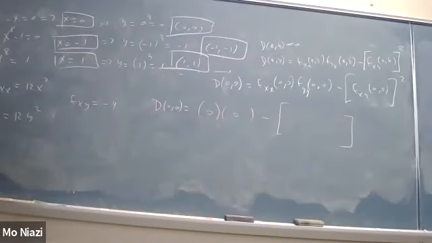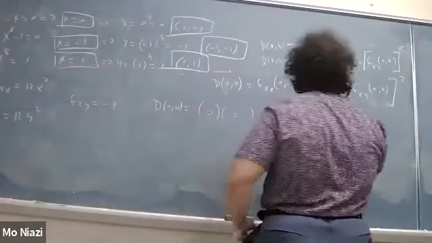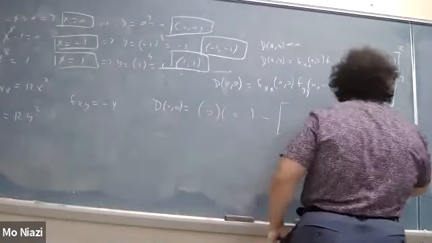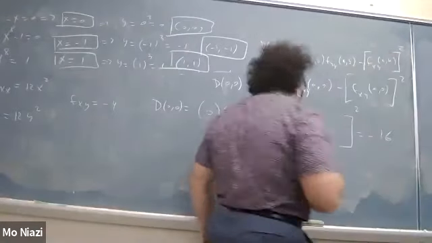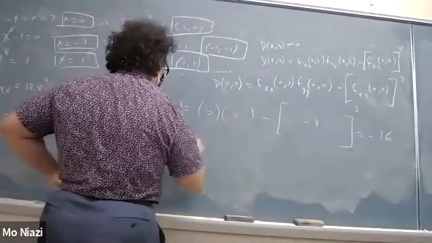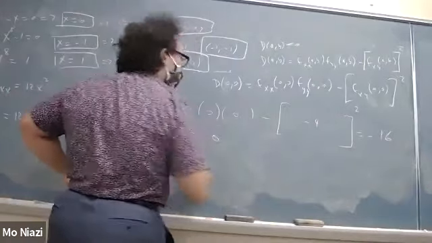This term has no x or y in it, so it's always -4 squared. So this becomes a 16 with the minus sign out in front of it. So D of 0, 0 is negative.